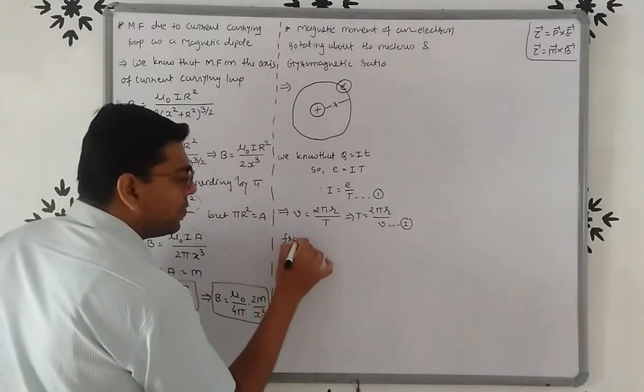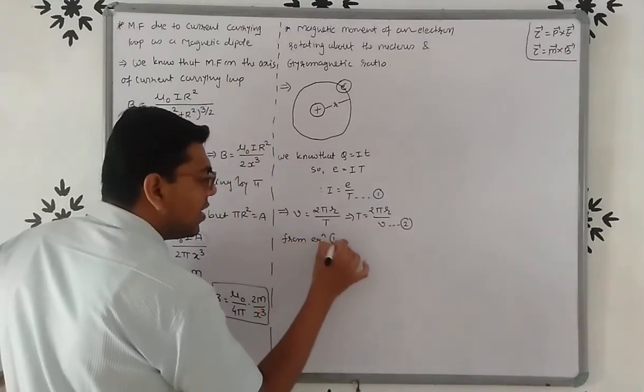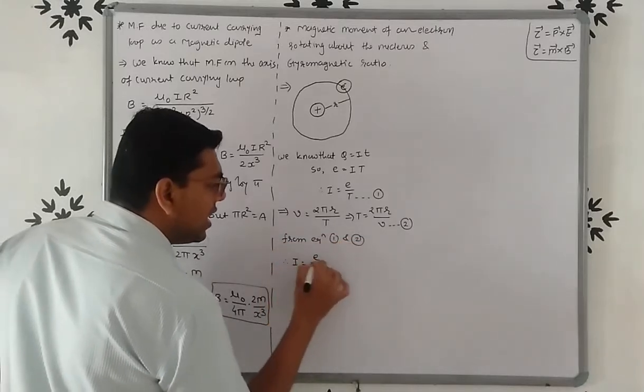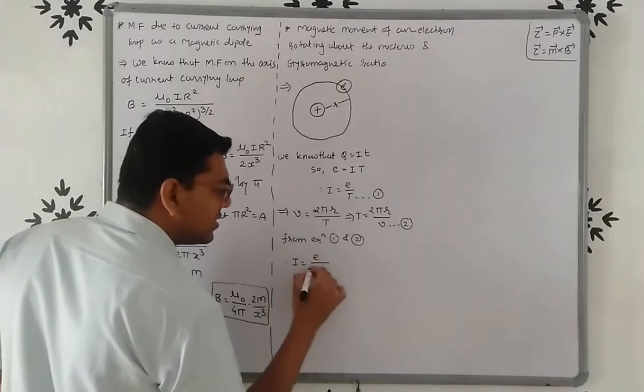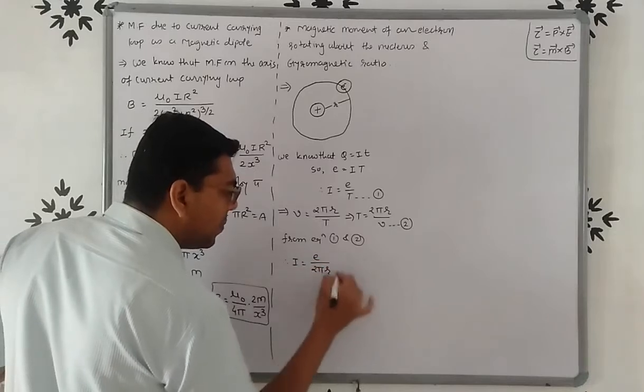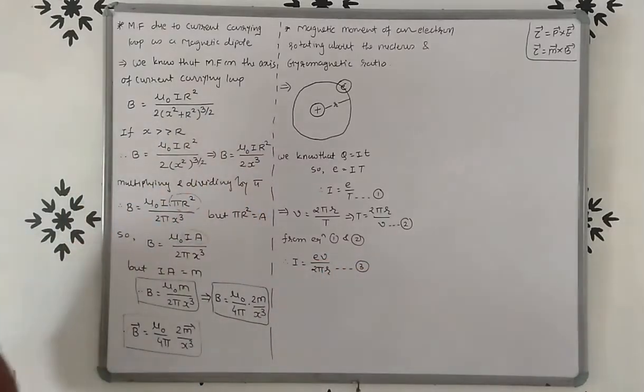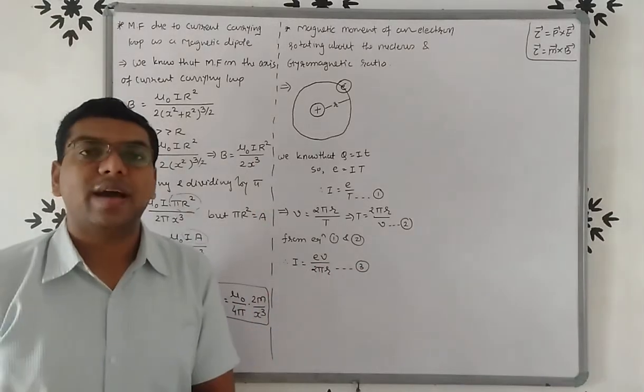So from equation 1 and 2, I is equal to e upon T, but the value of T is 2 pi r upon v.